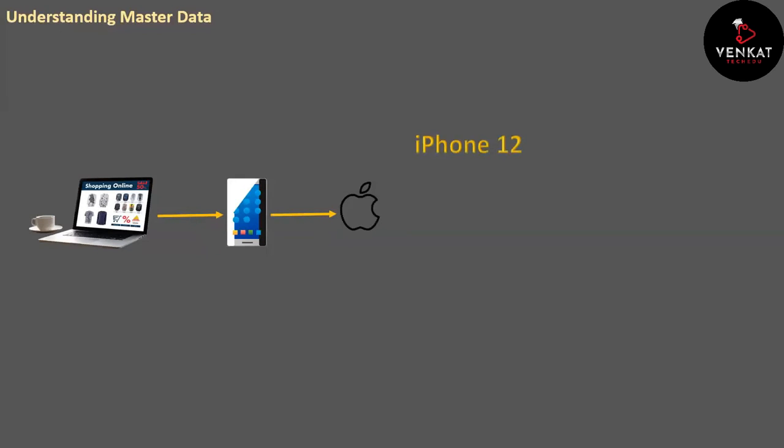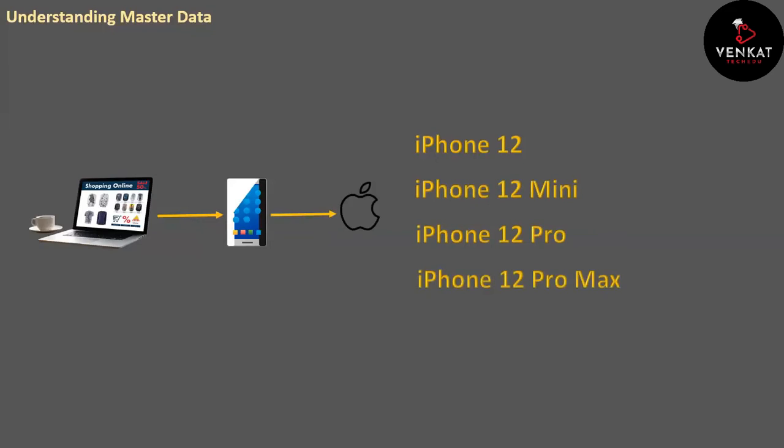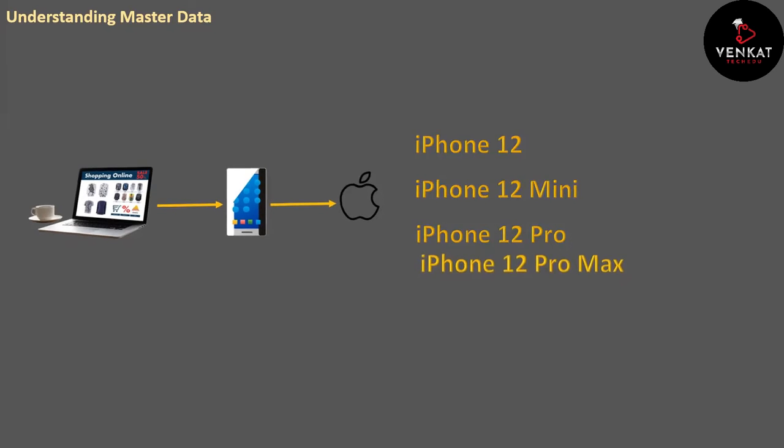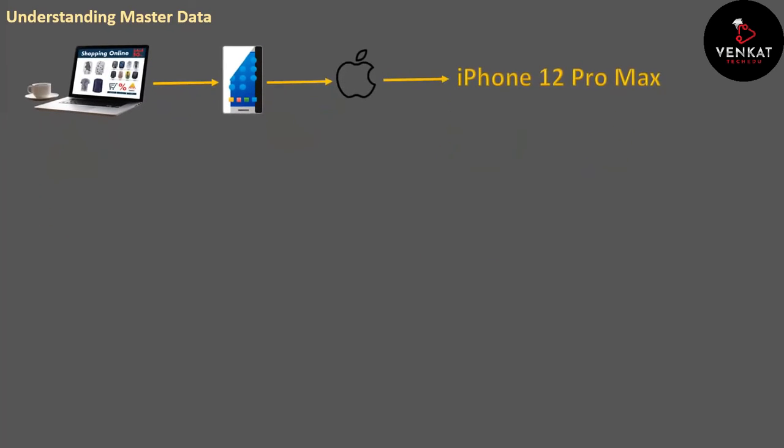Apple has various variants: 12 series, 13 series, 11 series, 10 series, and so on. I'm taking one of the series, the 12 series. The 12 series has various sub-variants: 12, 12 mini, 12 Pro, 12 Pro Max. Let's take one such.